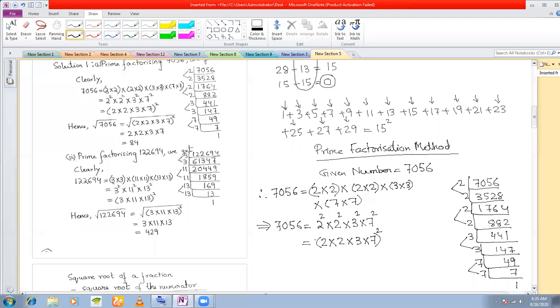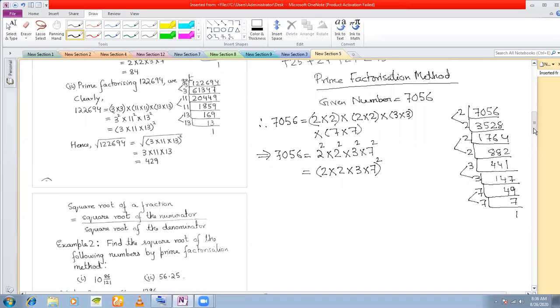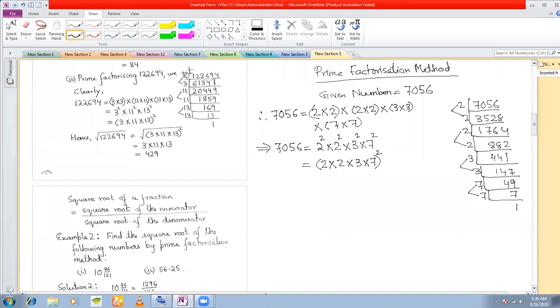From indices, from exponents we know that this can be written in this manner. So therefore, we have expressed 7056 as powers of 2.